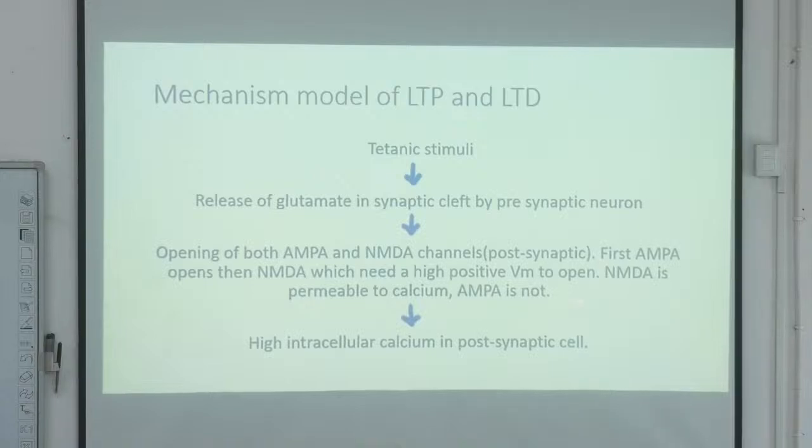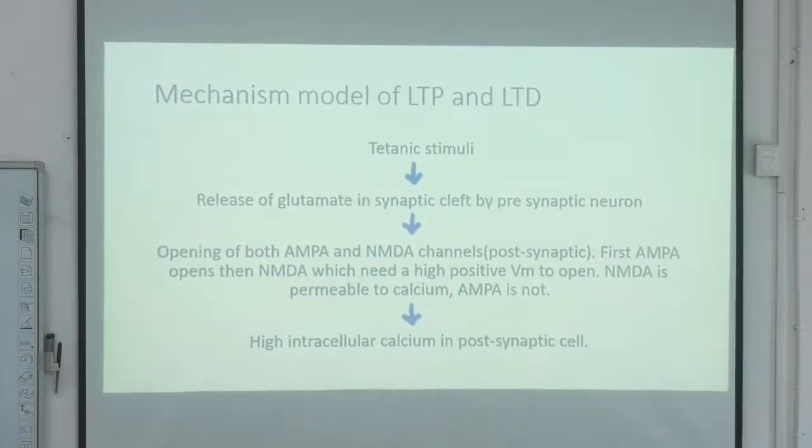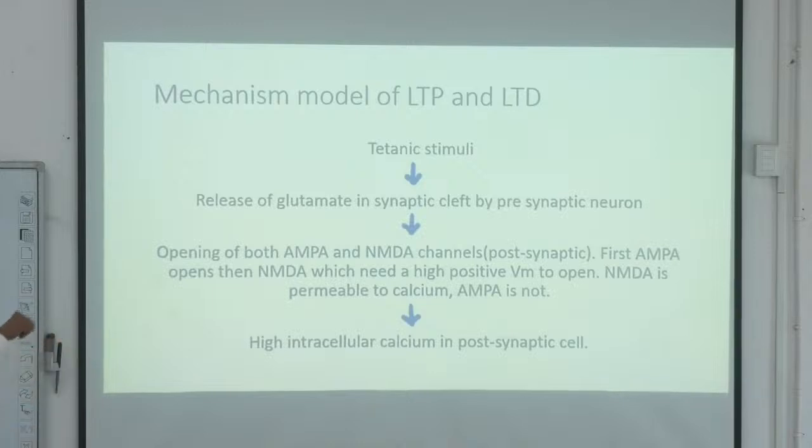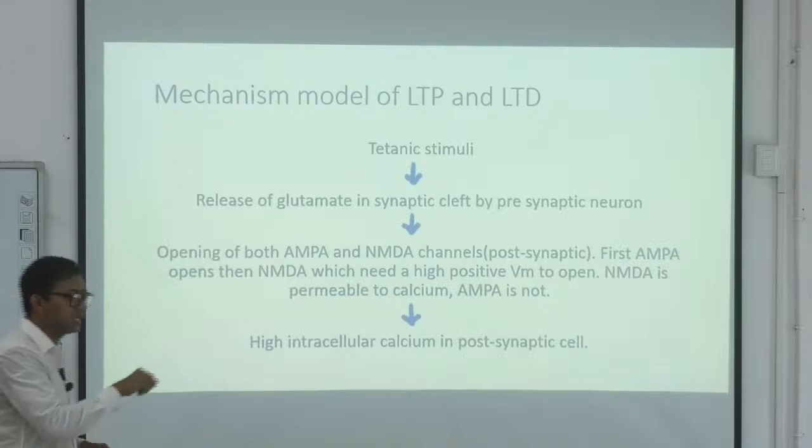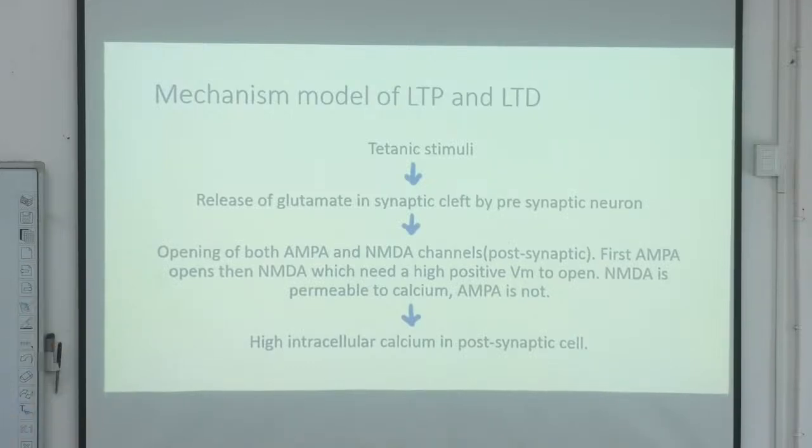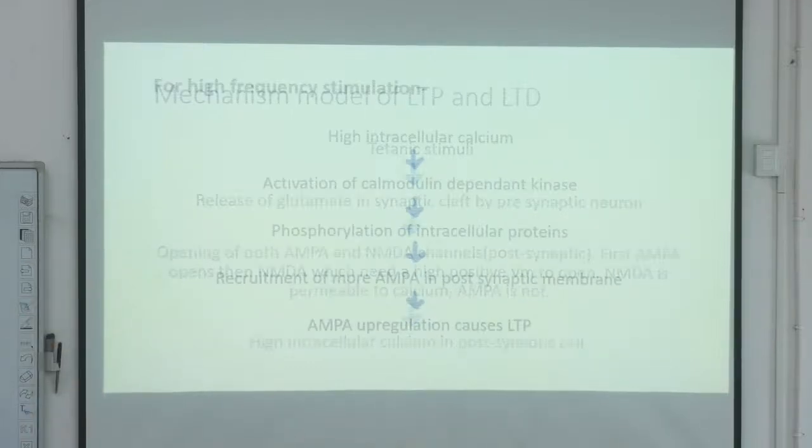Now, NMDA is permeable to calcium and AMPA is permeable to sodium, right? Anyways, due to tetanic stimuli, release of glutamate in the synaptic cleft, AMPA and NMDA receptors open, calcium enters, and there is high intracellular calcium in the postsynaptic cell.